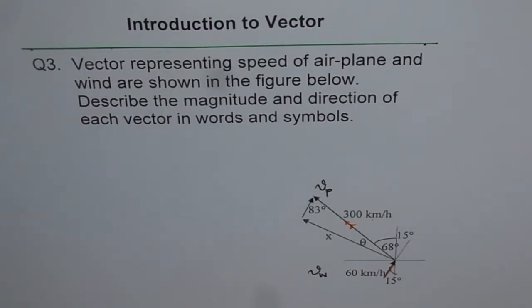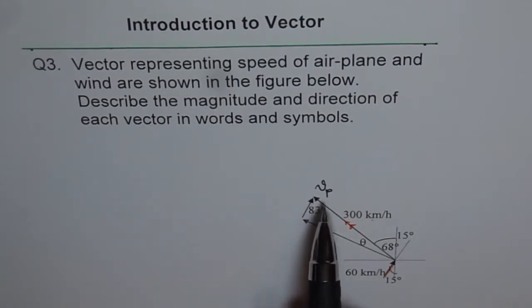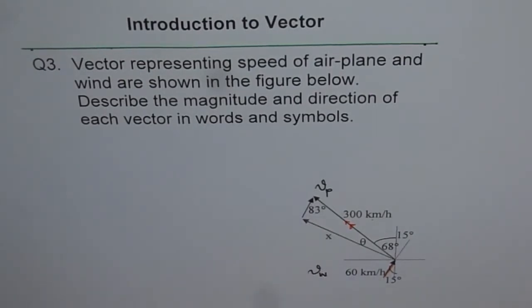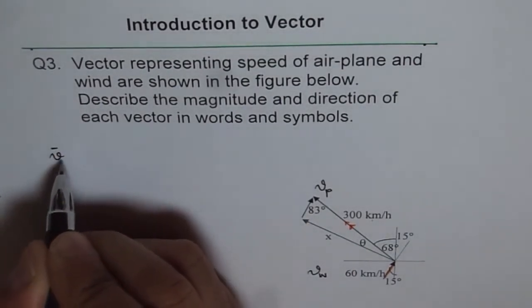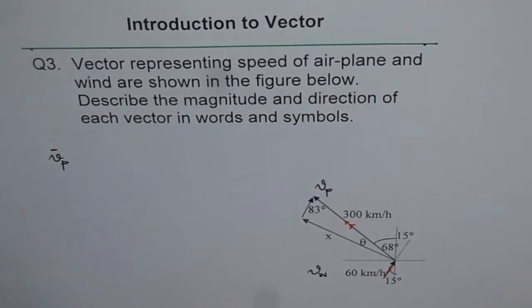Here are my suggestions. When we try to describe a vector, we need to specify two things: magnitude and direction. Let me describe the vector which represents the velocity of the airplane, VP. So VP is our vector, with P as a subscript, and the bar on top indicates it's a vector.